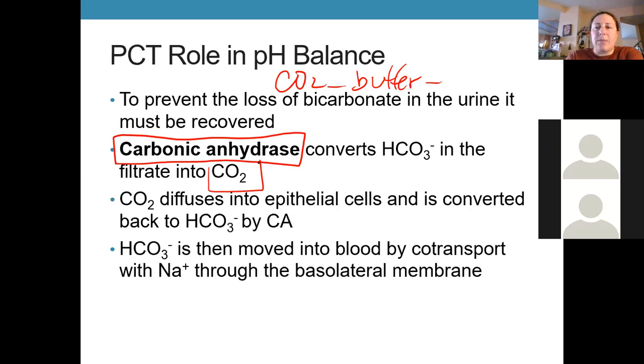Once it gets into the epithelial cells, it'll actually get trapped there because the epithelial cells have carbonic anhydrase inside of them. So they convert the carbon dioxide back to bicarbonate, and then they use secondary active transport to move the bicarbonate out of the cell with sodium, and then it ends up back in the blood. That seems like a lot to go through, but I think it underscores the importance of bicarbonate to the body. It's not just a waste product, it has important functions as well.